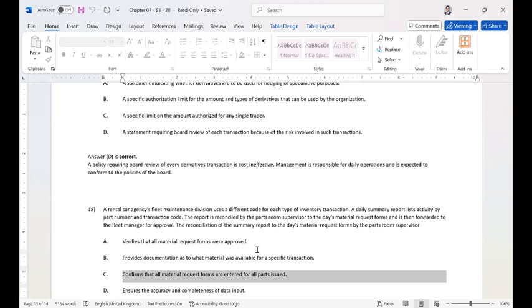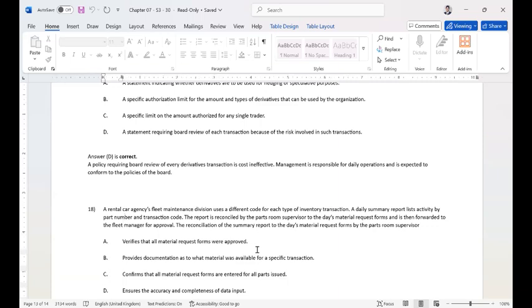If the report is reconciled by the parts room supervisor with the material requisition, it would be B. A is also correct.